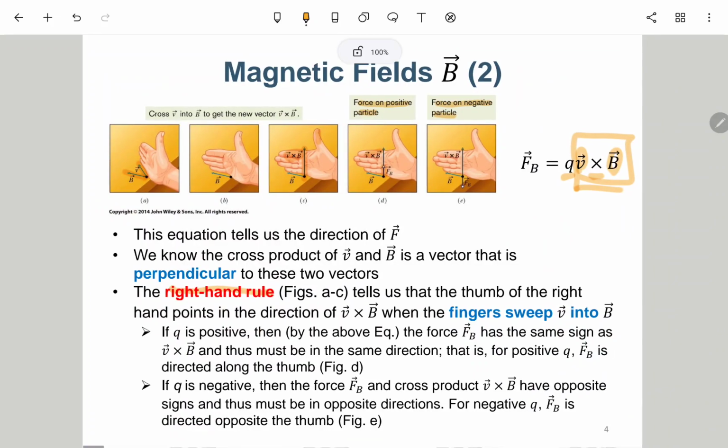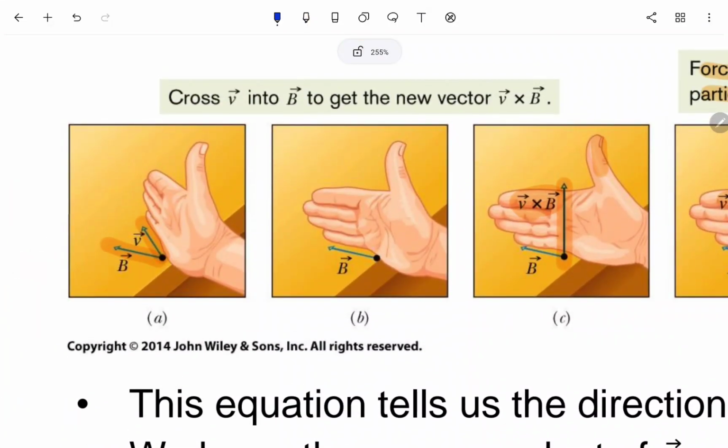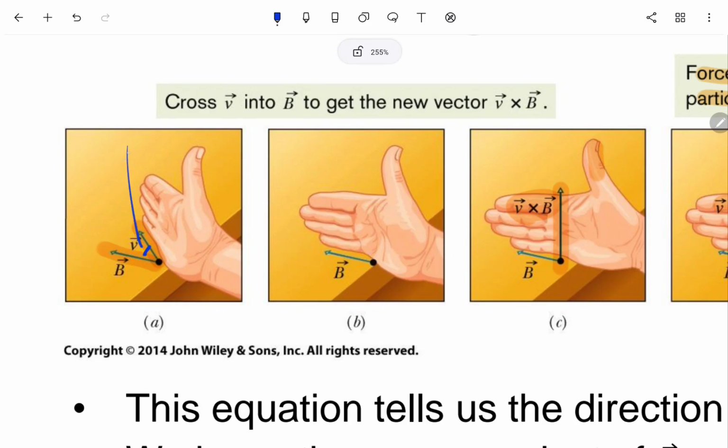The only thing we need to pay attention to is this angle phi, which should be larger than or equal to 0 degrees and less than or equal to 180 degrees.